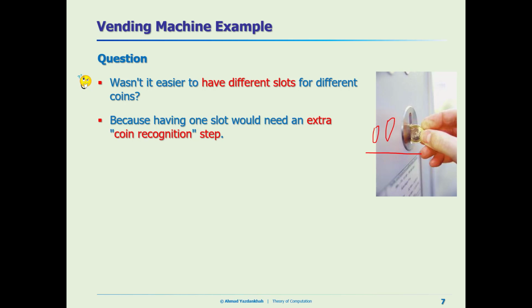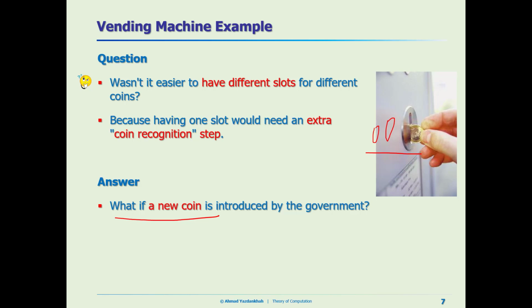I don't think so, because let's say the government introduces a new coin, maybe 2 months later. This happens very rarely in the United States, but in other countries, as far as I know, it happens, right? In that case, we would need to change the interface of all machines.